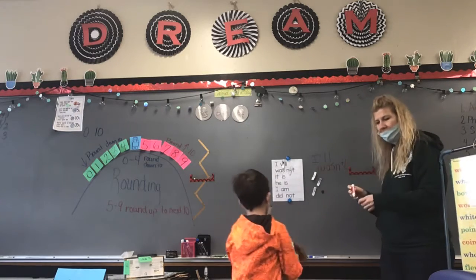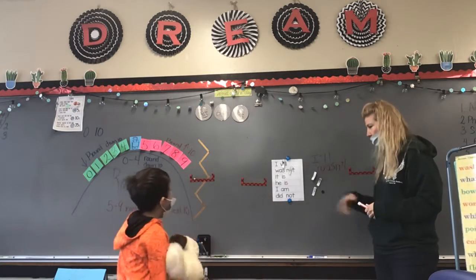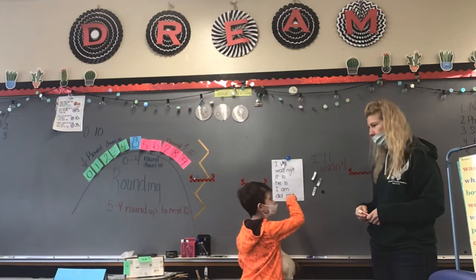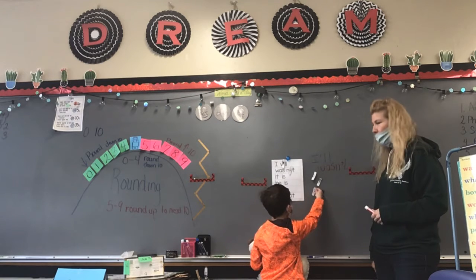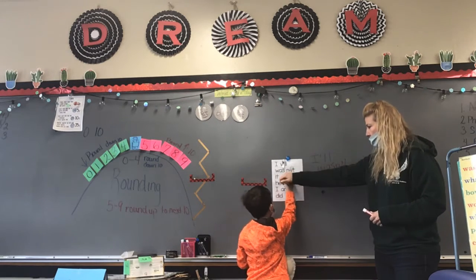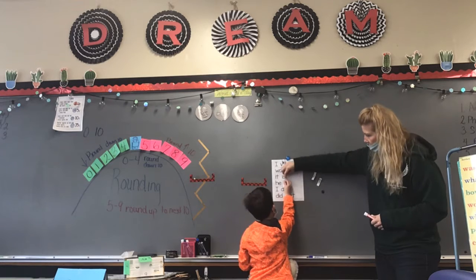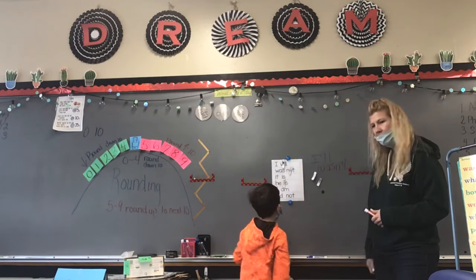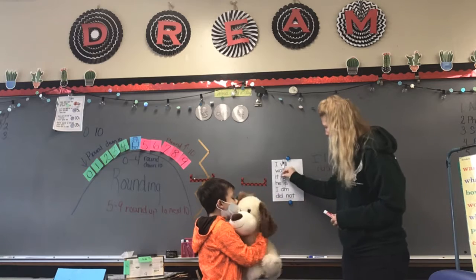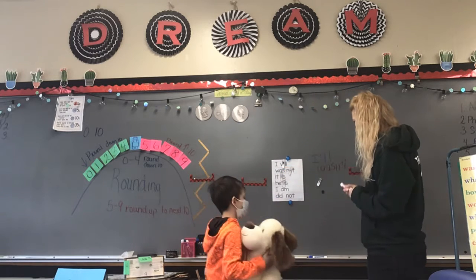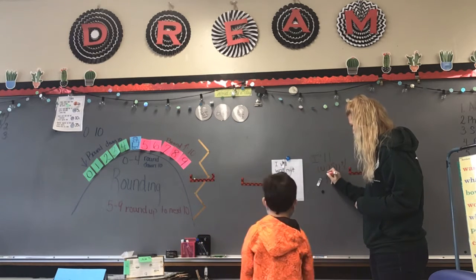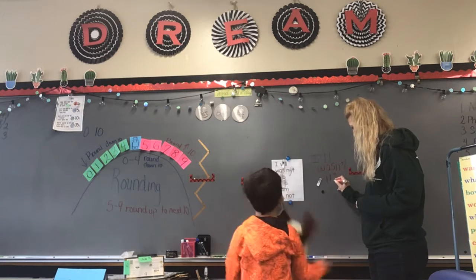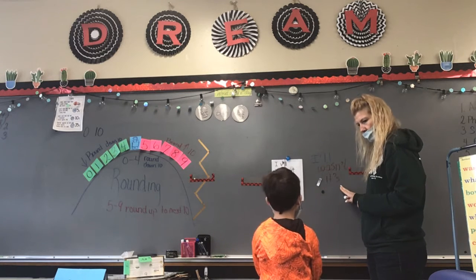How about the word it is? Can you go ahead and take out what letter should be missing in it is? Ben is so smart. He takes the I, for he is and for it is. Same thing. The I is the same. You are smart. So it becomes, what word now, Ben? It now becomes it's.